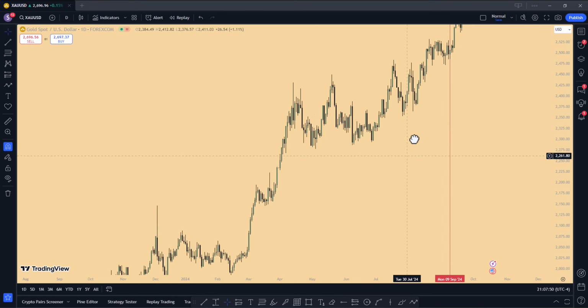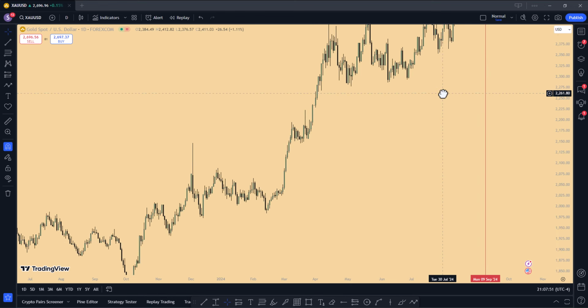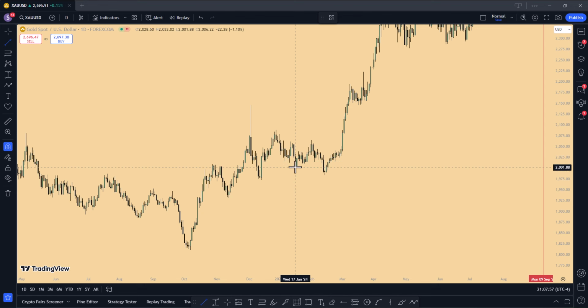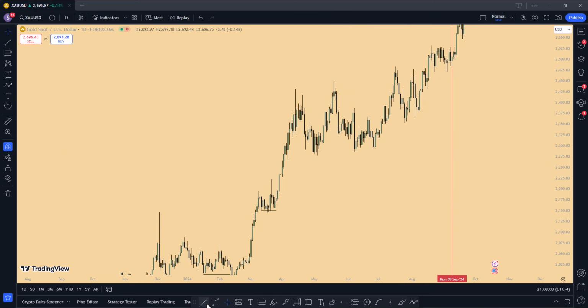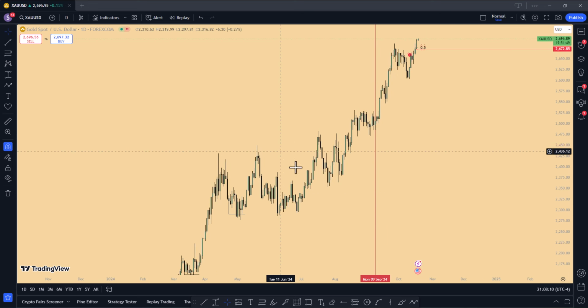For example, this one right here, sweep and then trading to the upside. And this one also, another sweep here. These are all sweeps of short-term lows and then the expansion higher, right?